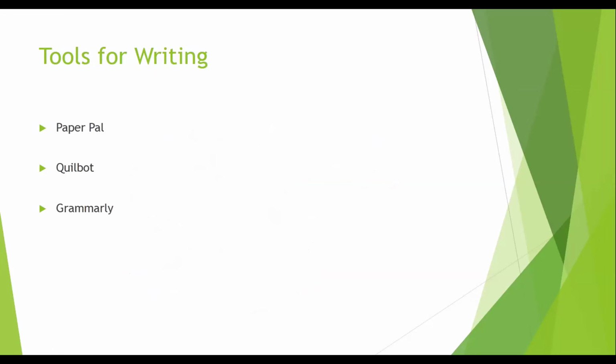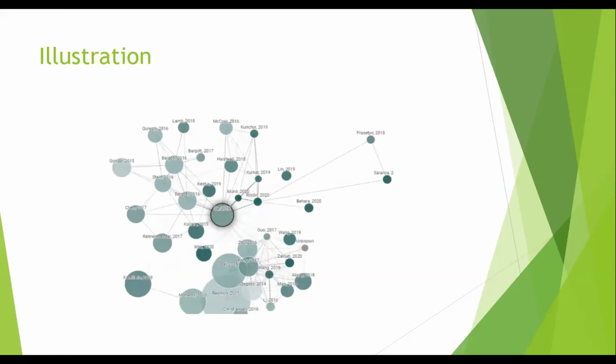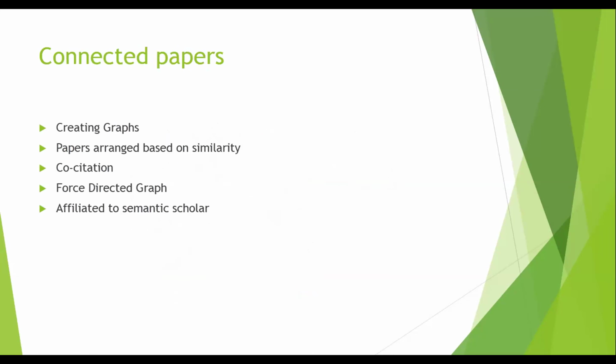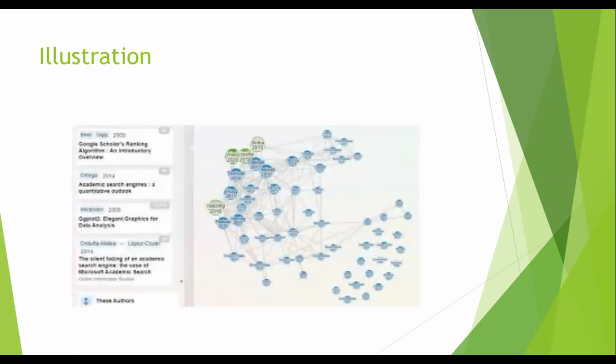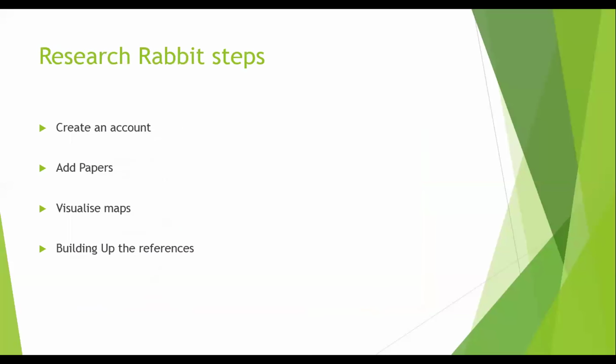For literature search, there are the conventional tools, like your Google Scholar and PubMed, which can be used for this purpose. Also, when it comes to knowledge maps, you have something called Connected Papers, and you have something called Research Rabbit. The terms are different, but the purpose they serve and the kind of output they give is almost the same.